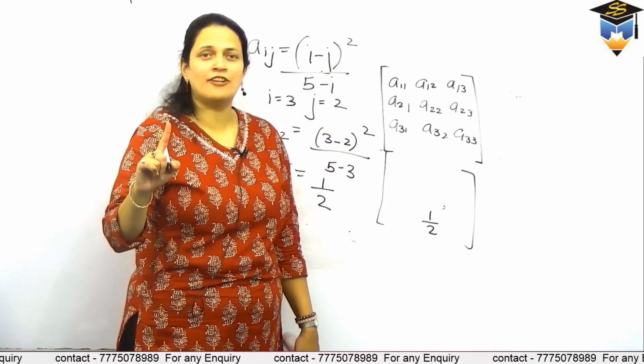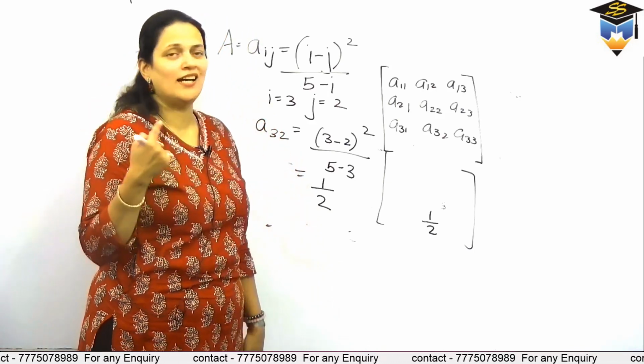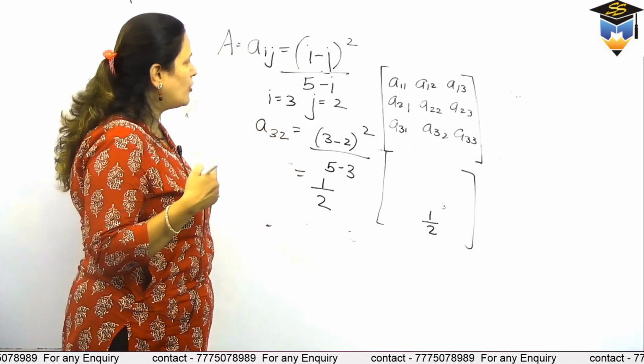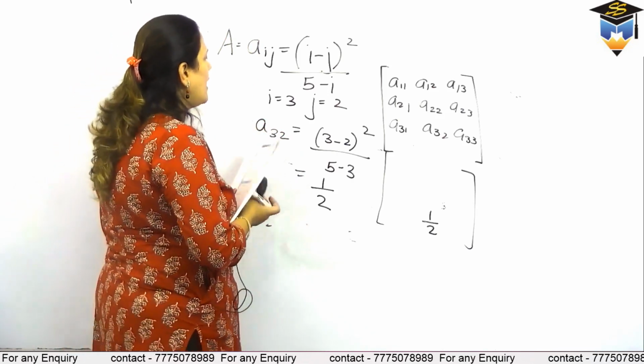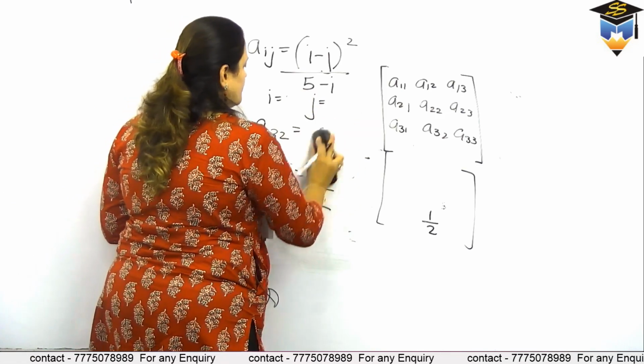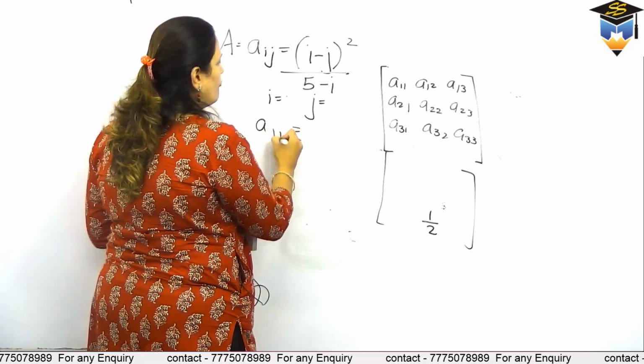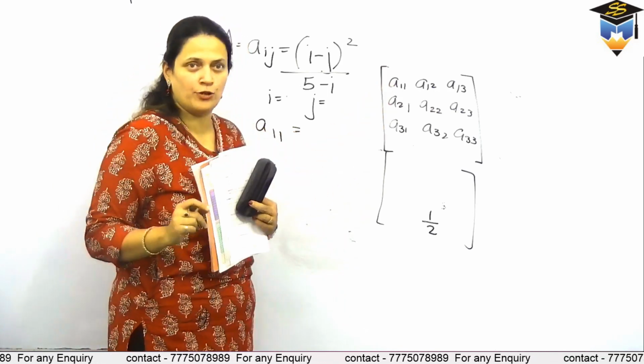So we have got our first element. Okay, this is a 3 by 3 matrix that we are going to form. So what I am going to do now, I am going to take the value of i as 1, j as 1 and substitute it. So in this way I can find out the A11 element, this element I am going to find out now.